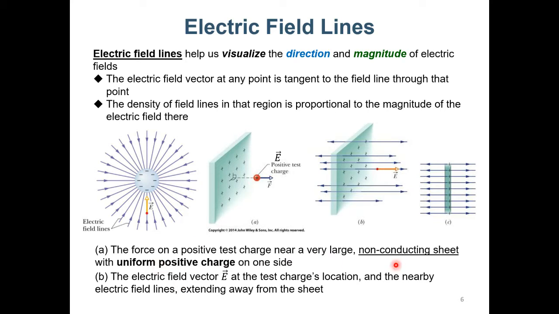This is a non-conducting sheet with uniform positive charge on one side. So it will generate the E field perpendicular to it, and actually we'll derive it later in this chapter. And also we will explain it again in the next chapter using the Gauss law.